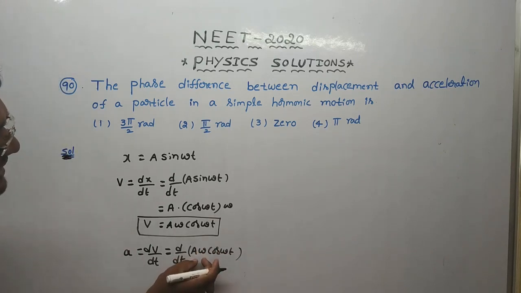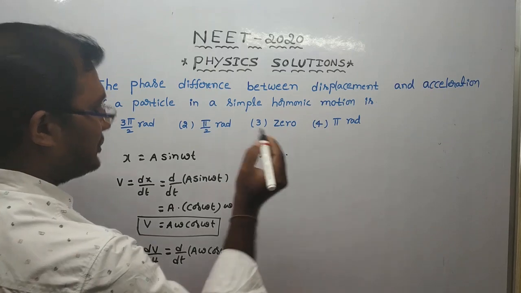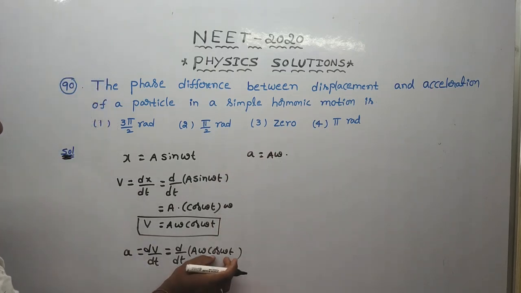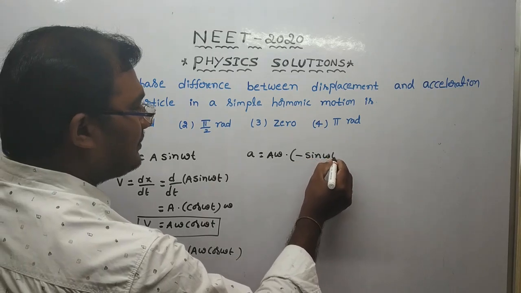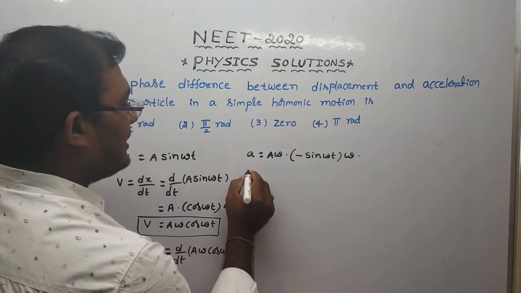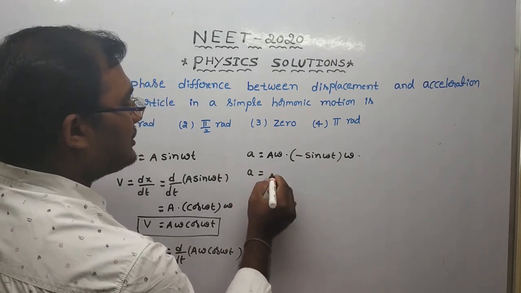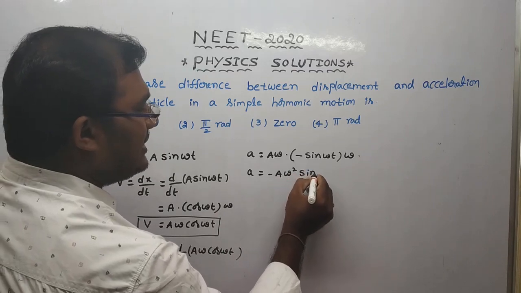Here a omega is the constant, so bring it outside. Therefore, a omega into the differentiation of cos omega t, which is minus sin omega t, and for omega t it is omega. Therefore, acceleration a equal to minus a omega square sin omega t.